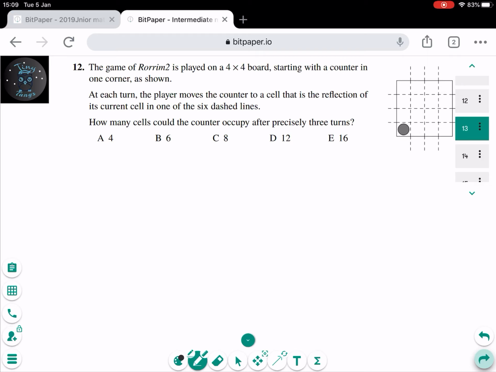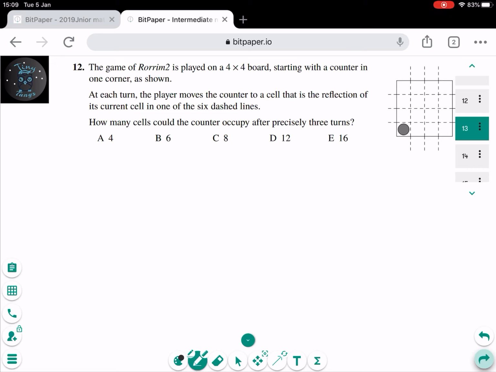For example, 1, or 2, or 3. So that would be a method, and this would be a place. So it's counting how many places there could be in total after 3 turns.